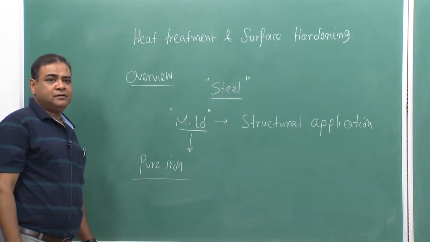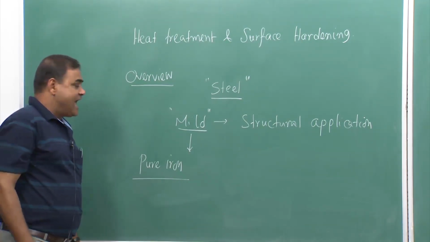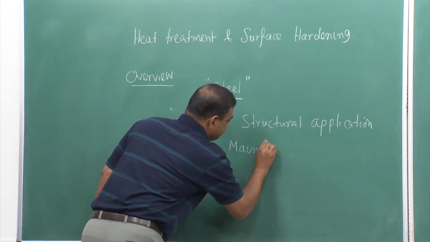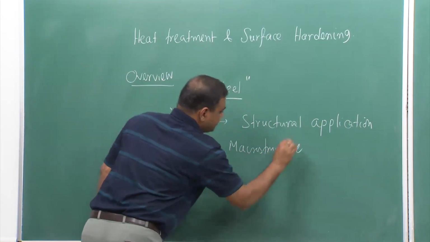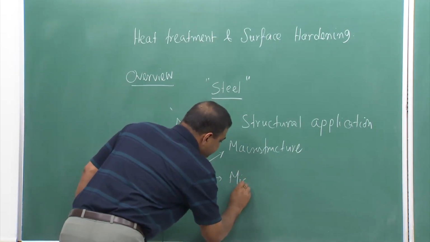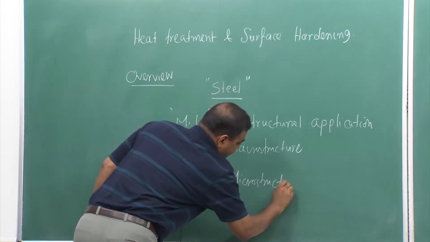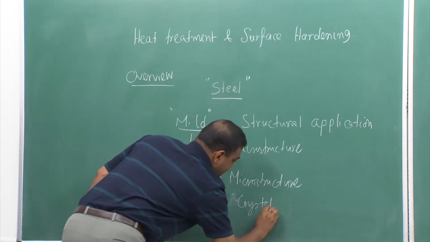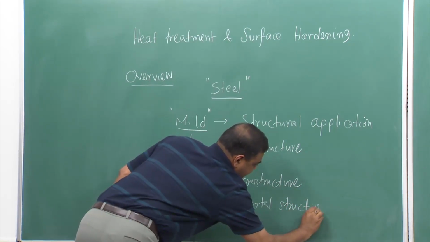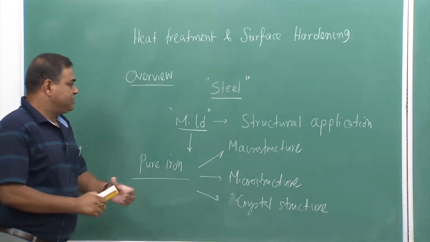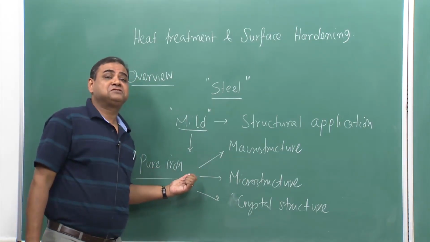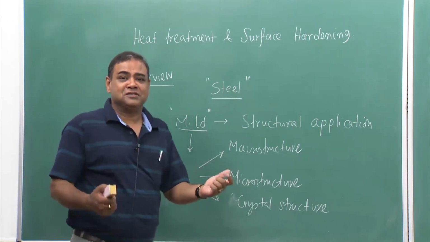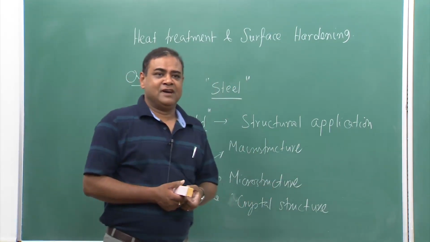and in the pure iron we have some structures. These structures could be macro structures, microstructures, or crystal structures. There would be other structures also. We are not getting into the atomic structures, because pure iron also consists of a huge number of iron atoms.